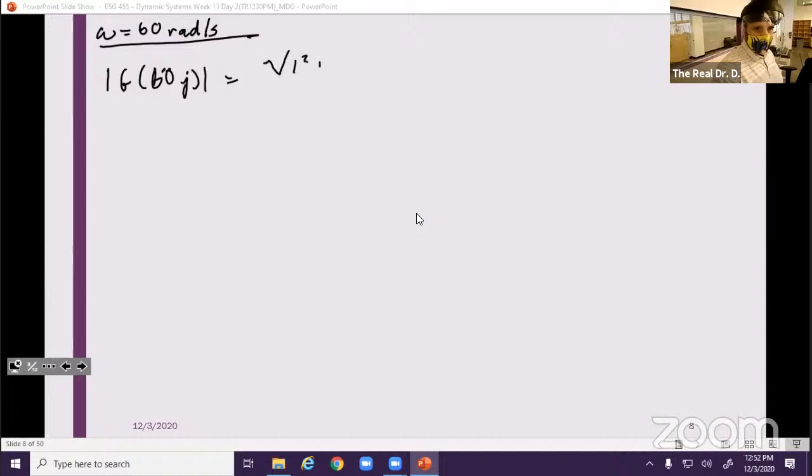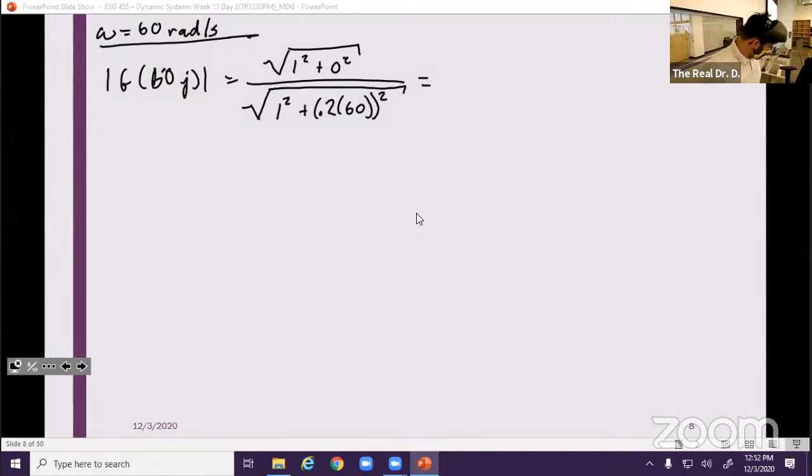This time omega is equal to 60 radians per second. So we need G of 60j, which is going to have the same numerator, because we didn't change the numerator at all.